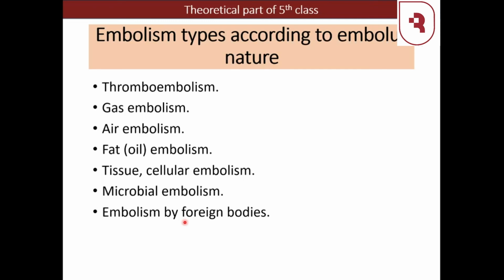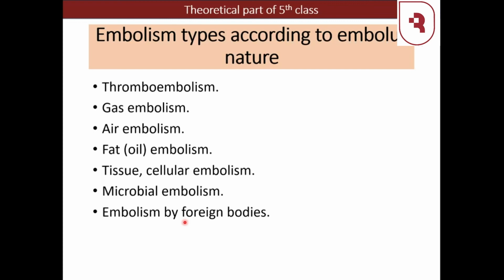Fat or oil embolism is associated with huge fractures of bone with rupture of bone marrow and subcutaneous fatty tissue, and accumulation of these particles in the blood. Tissue cellular embolism is typical for malignant tumor spreading process, for metastatic process. Microbial embolism is typical for some generalized types of infections, sepsis for example.